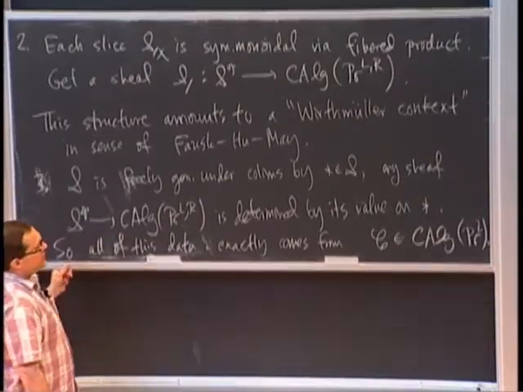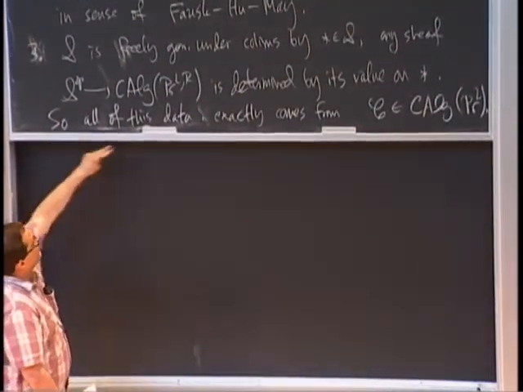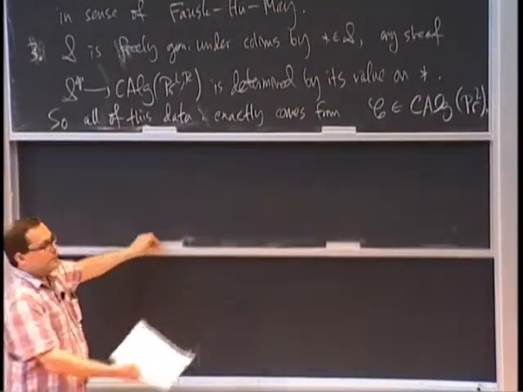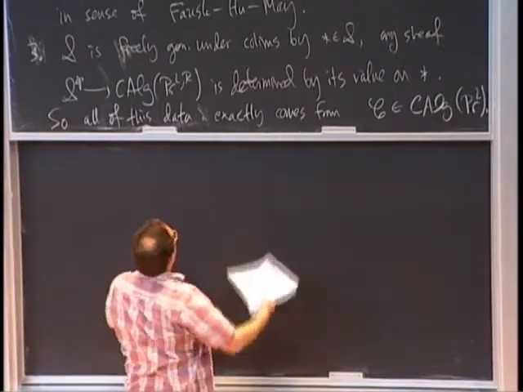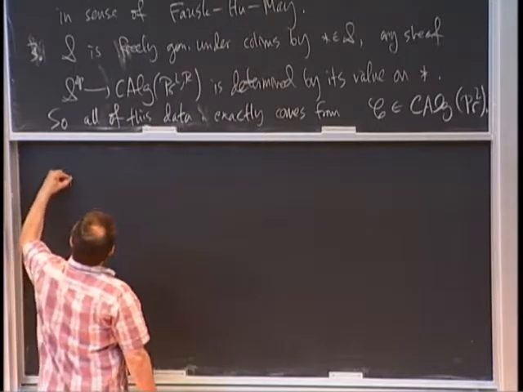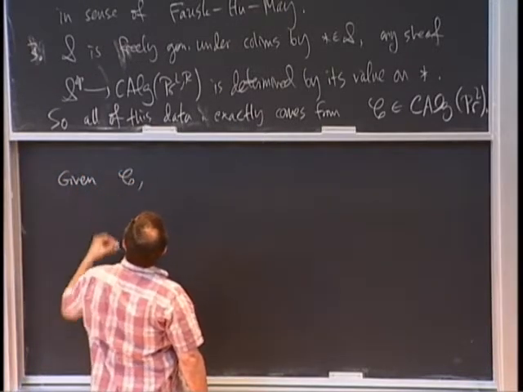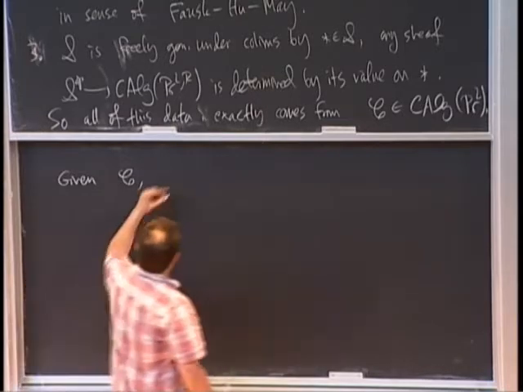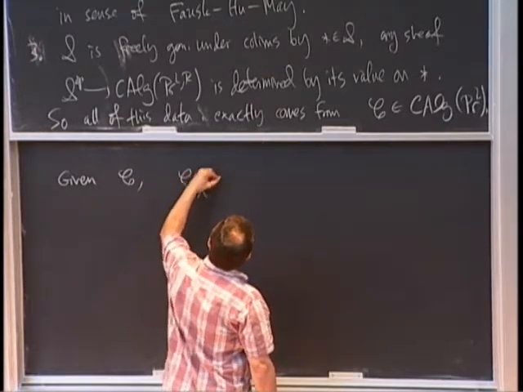So how does this work? If I had told you this to begin with, you might be able to guess exactly what the functor is. So if I have such a C, then I can define C over X.